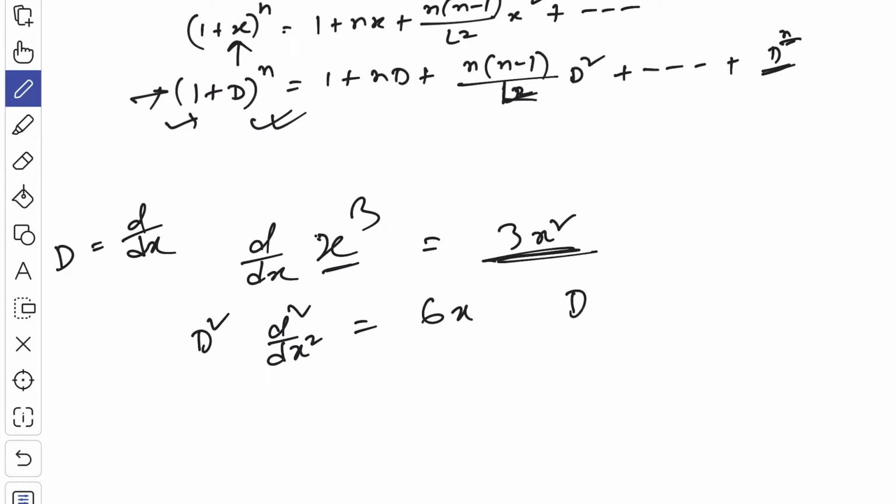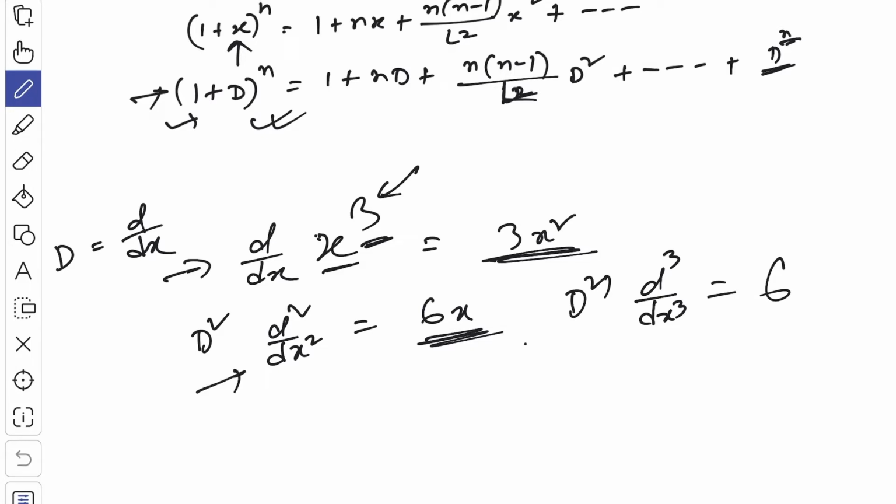Then if you operate by D to the power 3, that means the third order derivative, differentiate again and you will get 6. Now the power was 3 here, x to the power 3, and up to differentiating it 3 times we have got something.